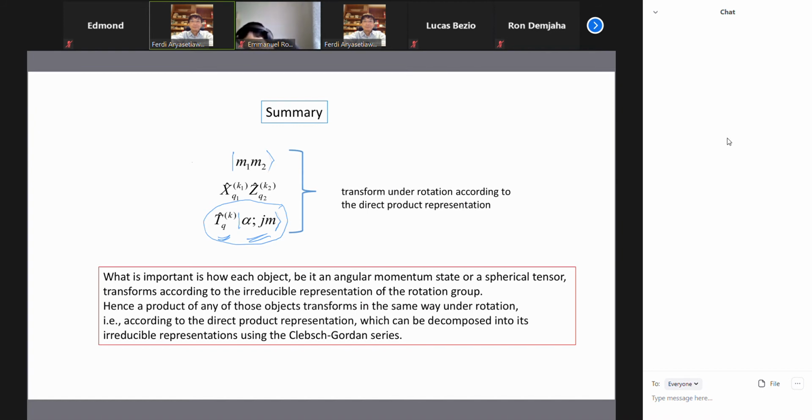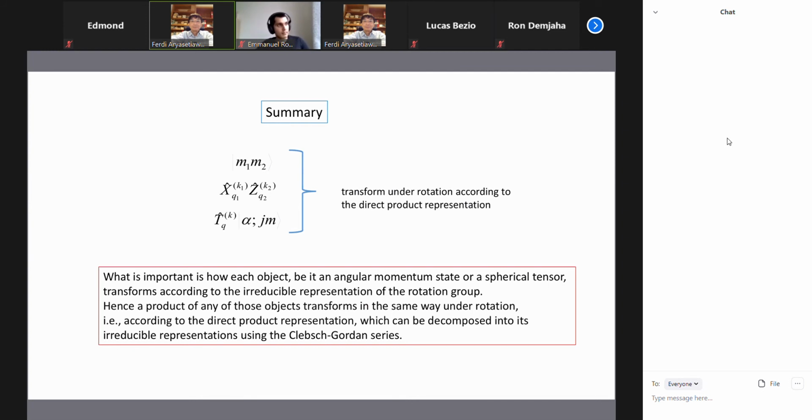It's just like what we have here. And then when we take the matrix elements with another angular momentum state, that state must be one of the states in the decomposition of these products here. Yes.